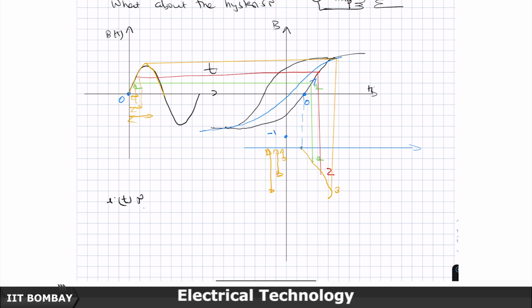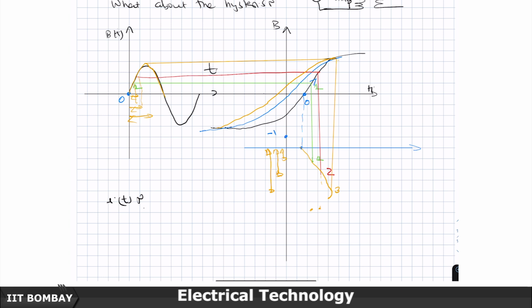Let me slightly modify this. It should be somewhat symmetric. The H value is higher here, but the H value is going to be lower here. So the current is not going to come back at that offset, but it will be a somewhat lower value.